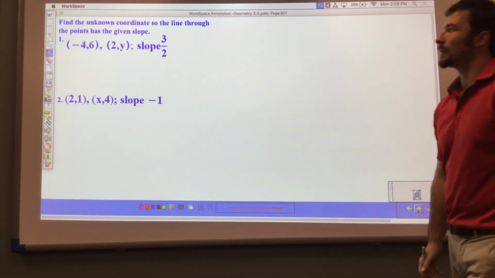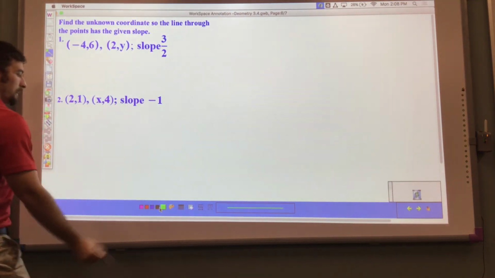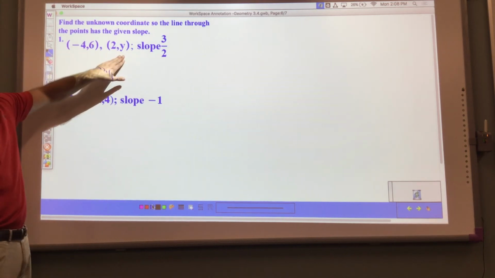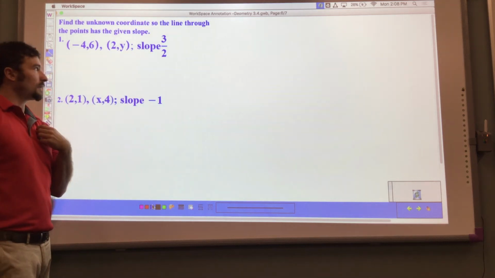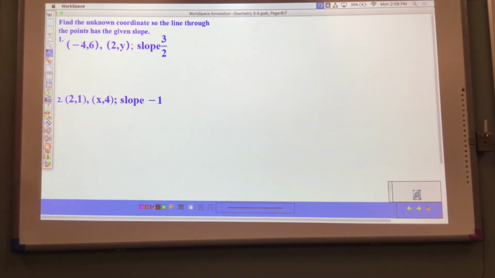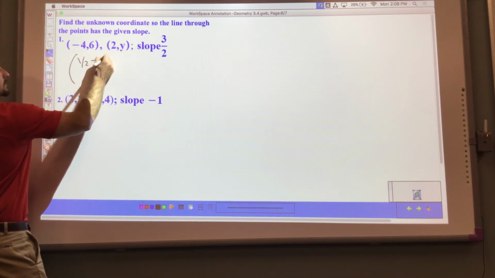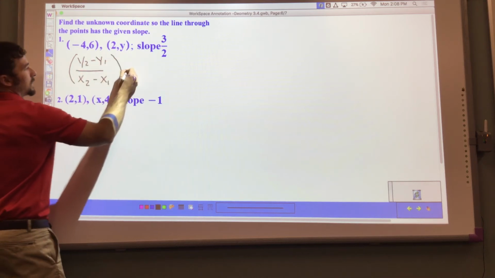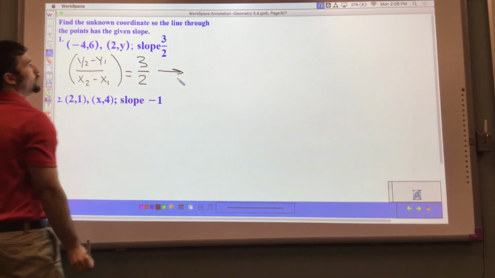Find the unknown coordinates of the line through the points that has the given slope. In other words, we have 2 points, although we're missing part of one point, and we have a slope. To figure this out, we're going to use our slope formula, which says I subtract my y's over my x's, and I'm going to get my slope, which is 3 over 2.